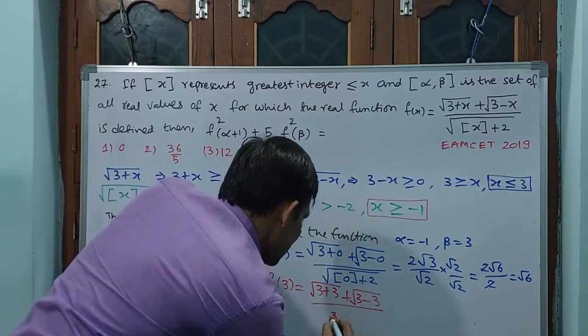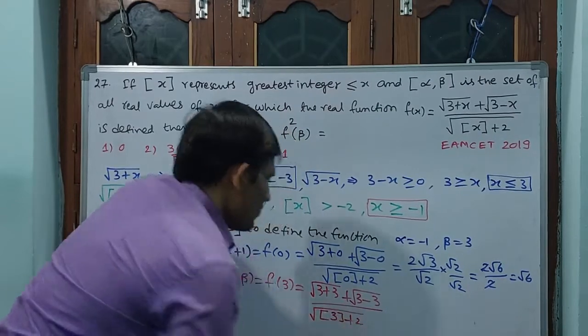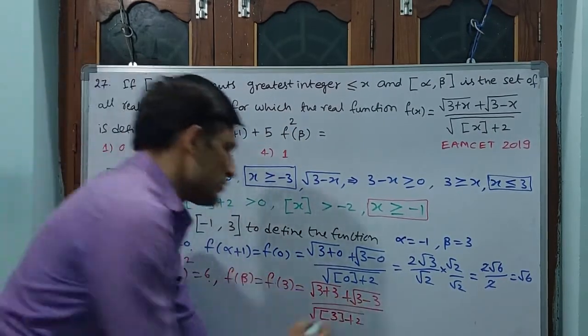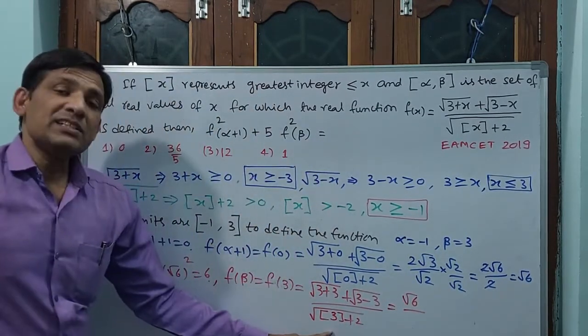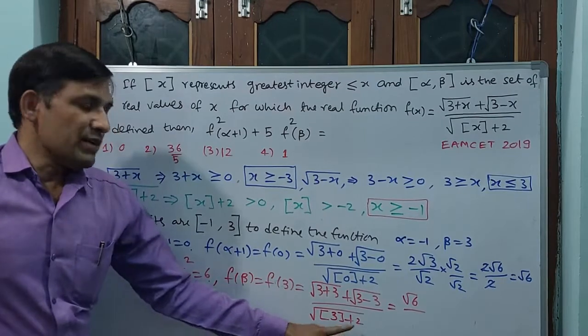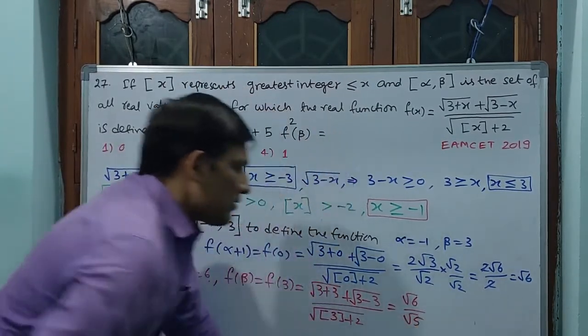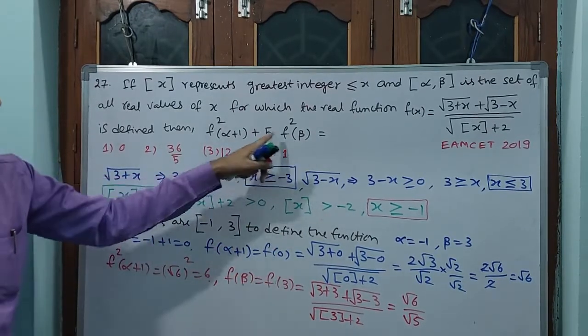Greatest integer 3 plus 2 under root. You see 3 plus 3 is 6, root 6 plus 0, that means root 6, numerator is root 6 divided by 3 plus 2, 5, root 5. See, this is f of beta, but you require f of beta square into 5.